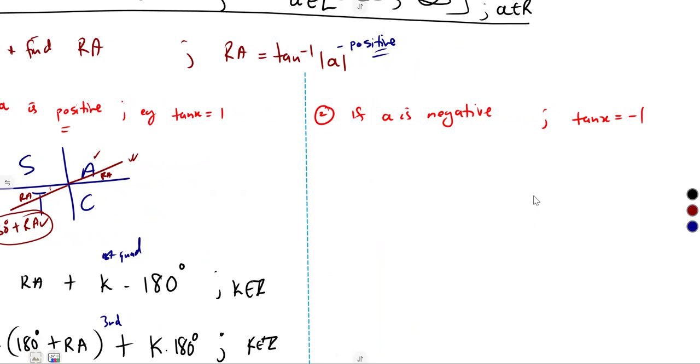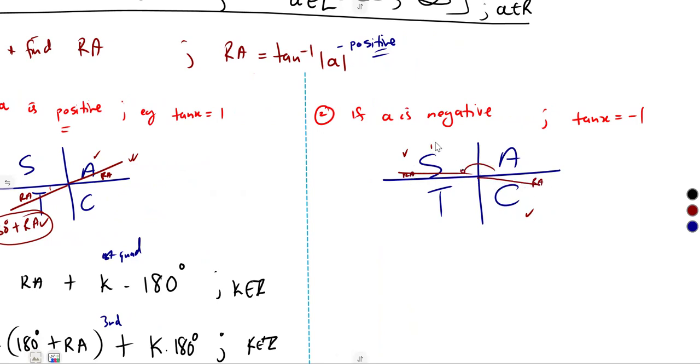The whole process is the same, determining the reference angle. But we now consider where exactly tan is negative: the fourth and the second quadrants. Here, the angle in the second quadrant will be 180 degrees minus the reference angle.